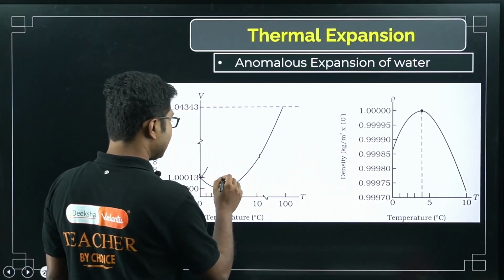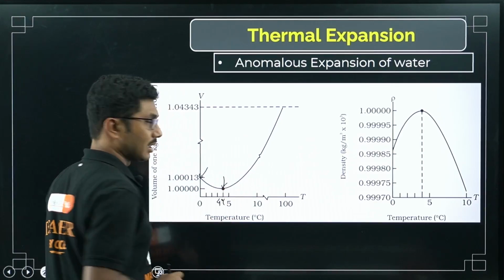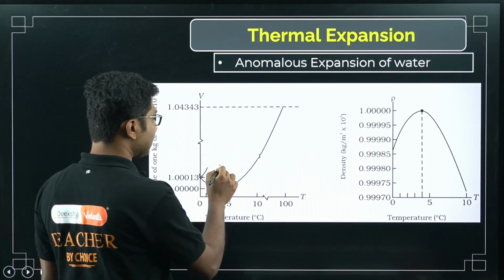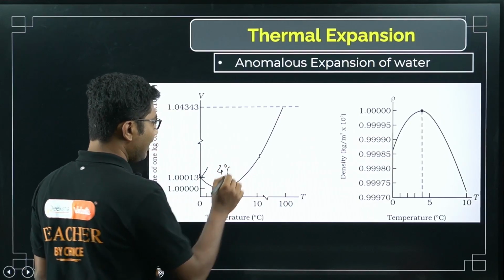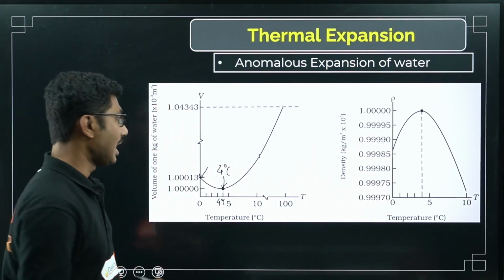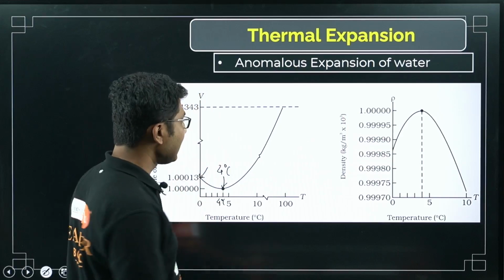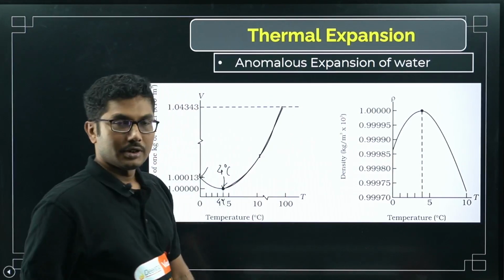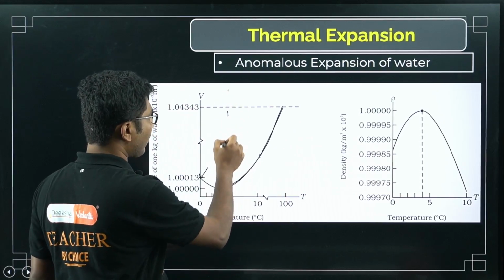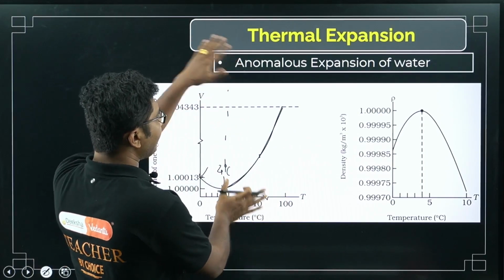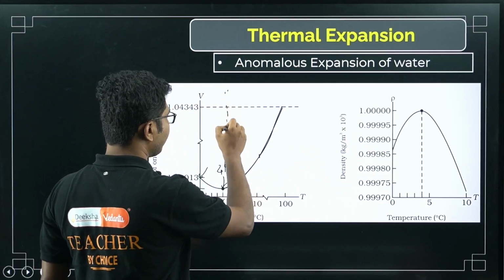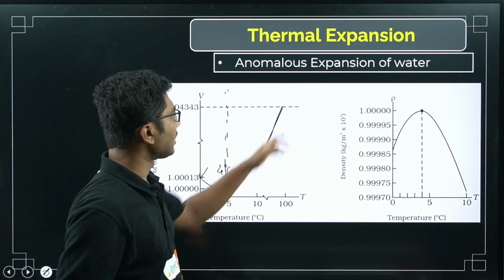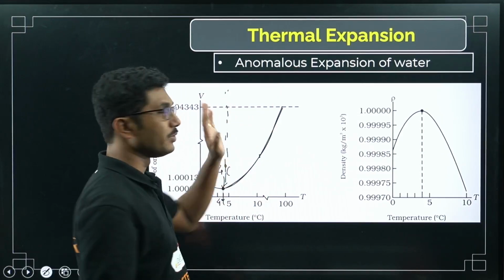So this is a very important point for water. Up to 4 degrees Celsius, the volume of water decreases. After 4 degrees Celsius, it behaves like normal objects and its volume increases. If you plot this graph from here, this is the normal behavior of all materials: as you increase the temperature, volume increases.